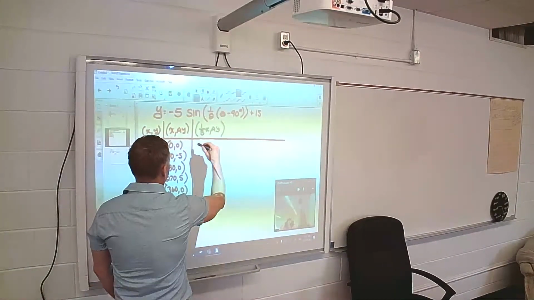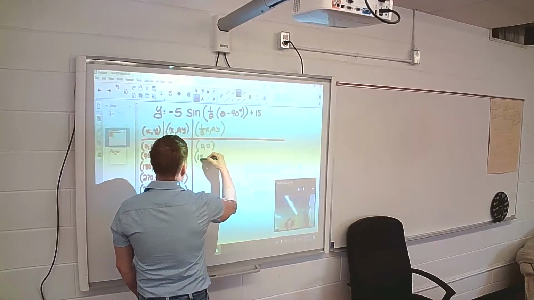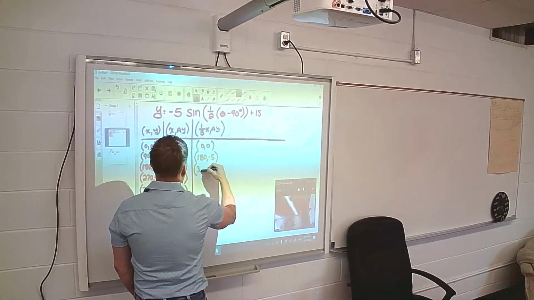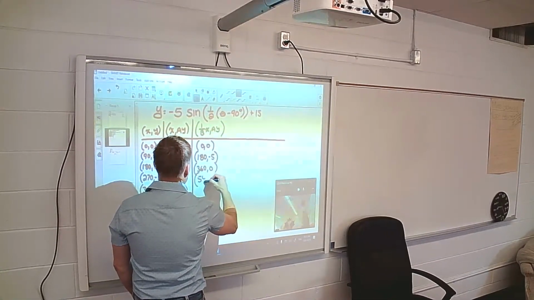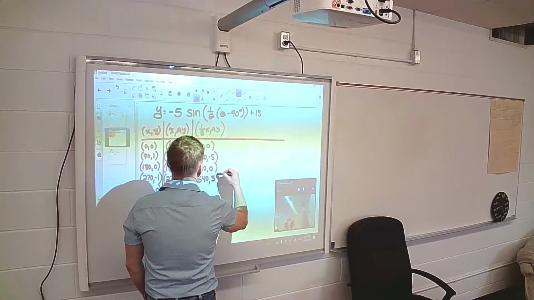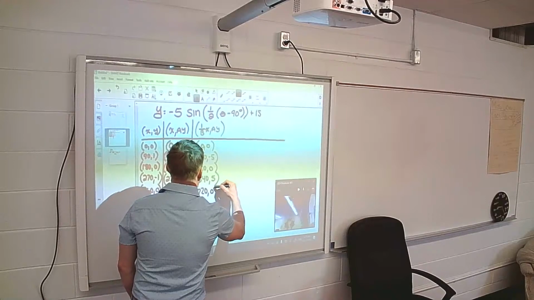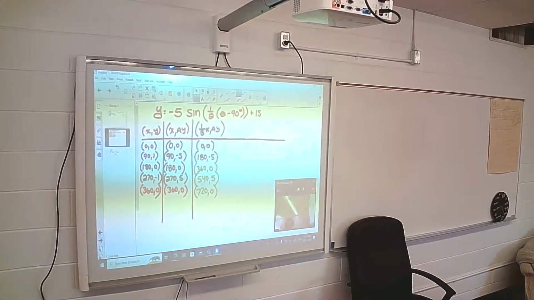Agreed. So this is still 0, 0, right? This becomes 180 and negative 5. 360 and 0. 540 and 5. 720 and 0. Is everybody still okay with what we're doing here?